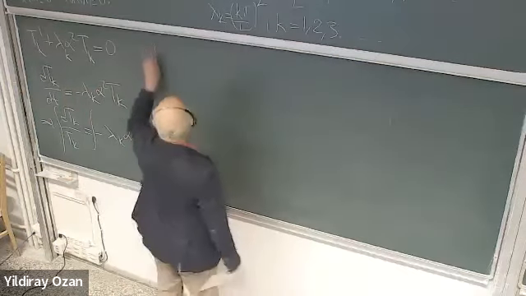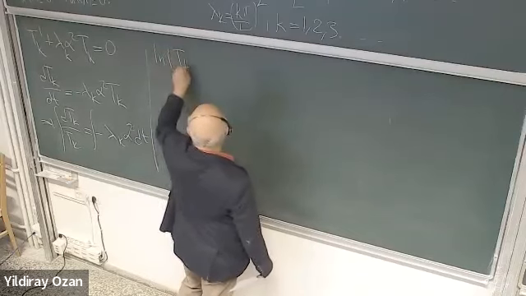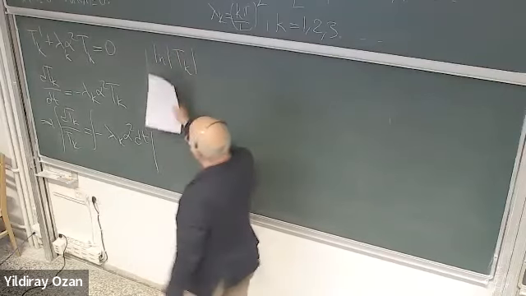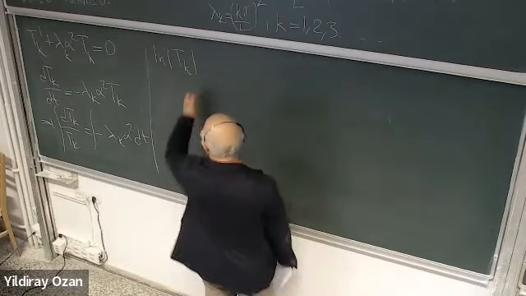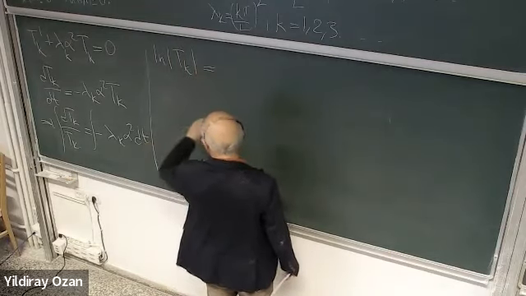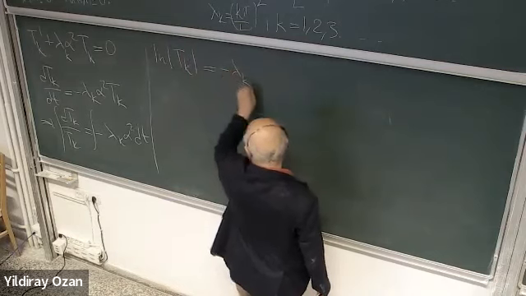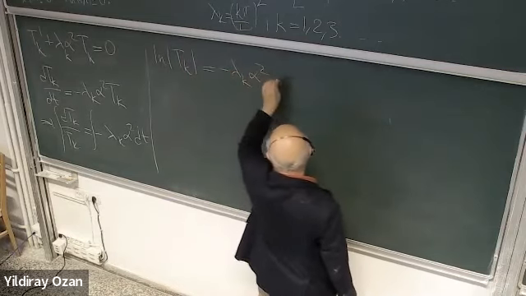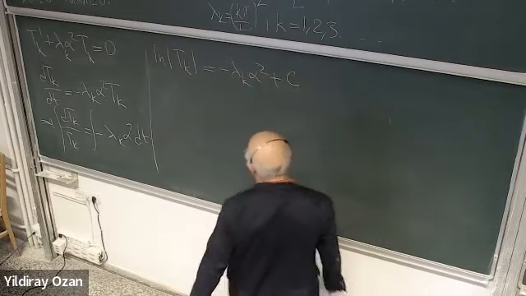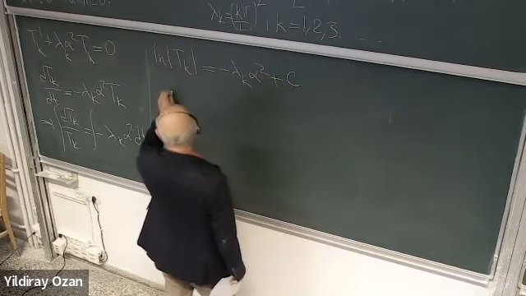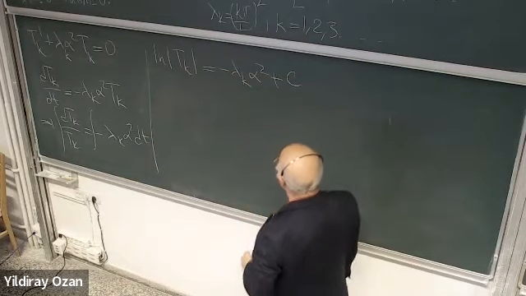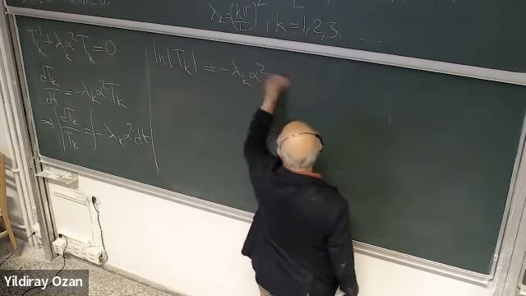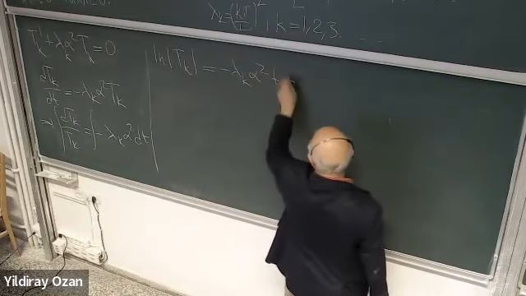Here we get ln absolute value of T k is equal to minus lambda k alpha squared t plus a constant c.